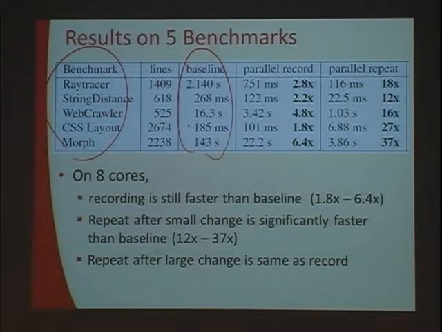These are measurements on an 8-core machine. The first thing is to ask, what happens when we do parallel record? And actually, is this true? Did I misspeak? No, I'm sorry. Baseline is without parallelism. That's sequential.